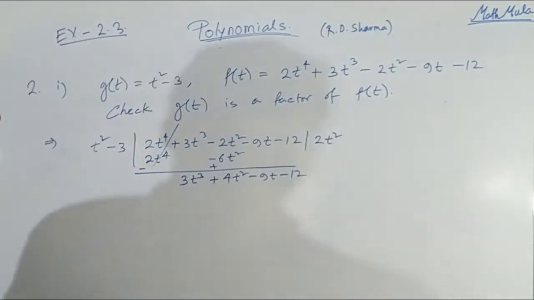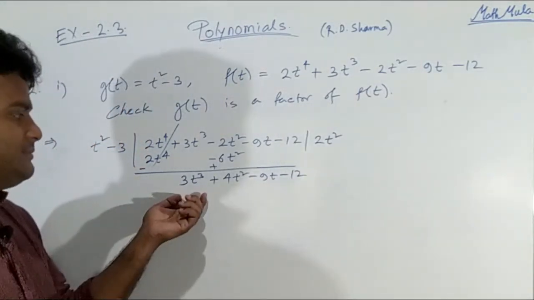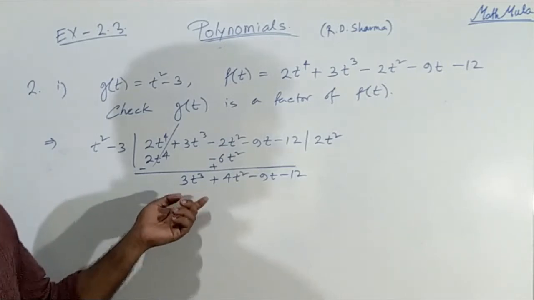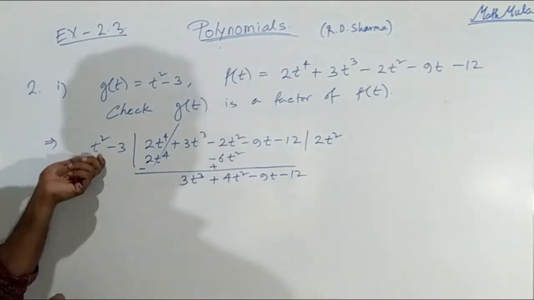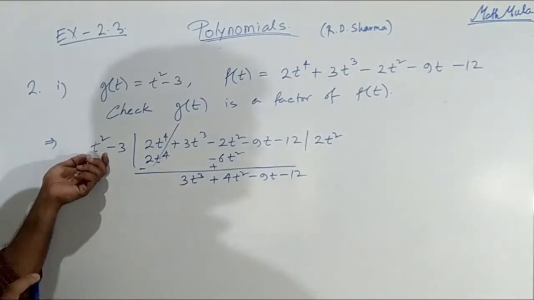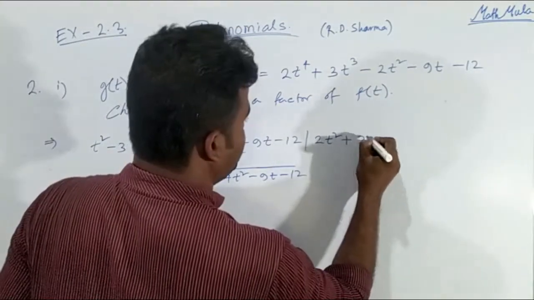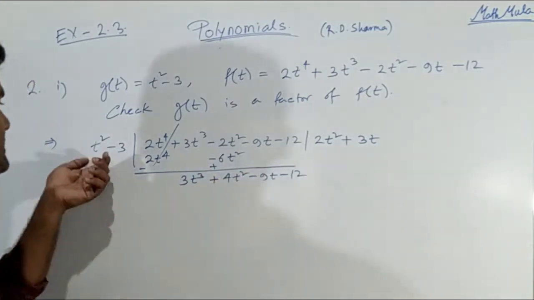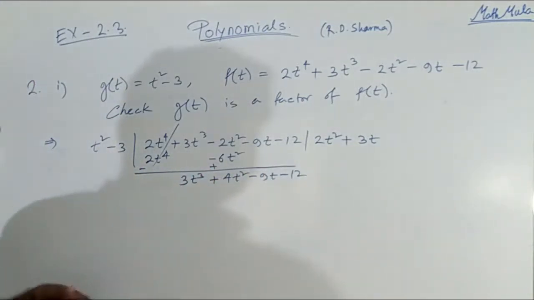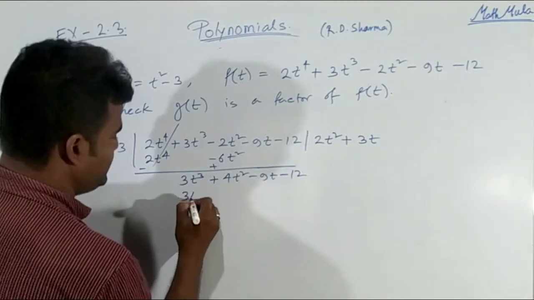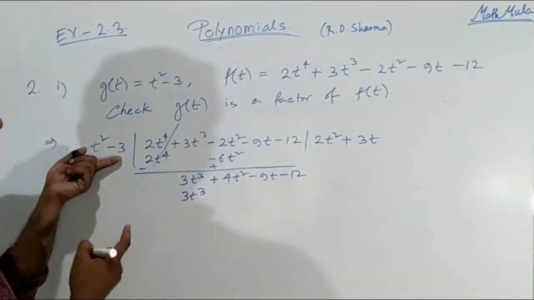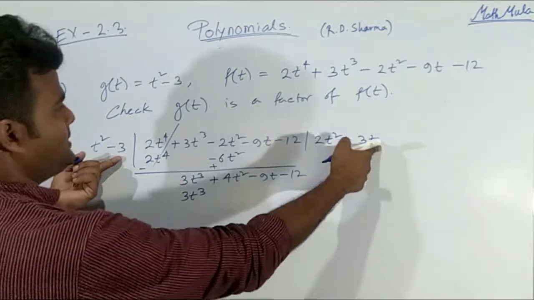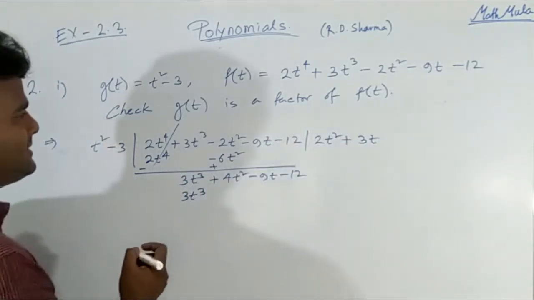That's it. Now look, the leading term is 3t cube. So what should we multiply with t square to get 3t cube? That is plus 3t. If we multiply plus 3t with t square, then we get 3t cube. Then multiply minus 3 with 3t, which will be minus 9t.